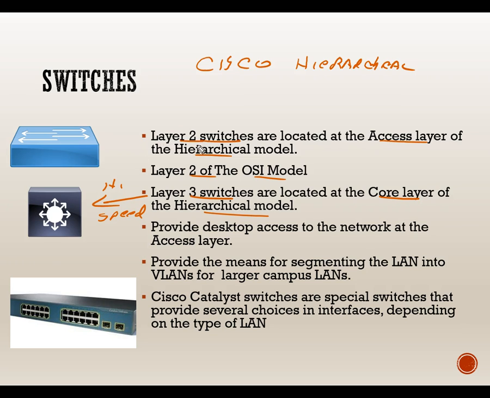Layer 2 switches are located at the access layer, and they create collision domains. So each port, put a bunch of ports here on our switch, and this is the Cisco symbol for a switch, and this is the Cisco symbol for a layer 3 switch, and this is what a switch actually looks like down here.